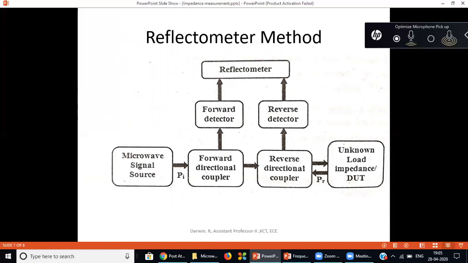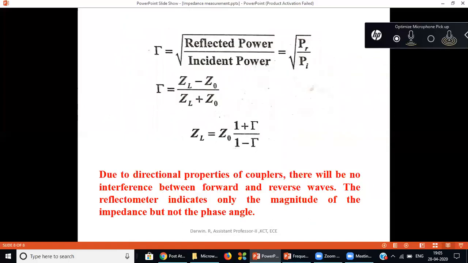In the reflectometer method, you can see the setup for calculating the impedance. Here, you all know the impedance formula is ZL equal to Z naught into 1 plus gamma by 1 minus gamma. So if you know the value of gamma, it is easy to find the value of load impedance. The gamma value is the reflection coefficient.